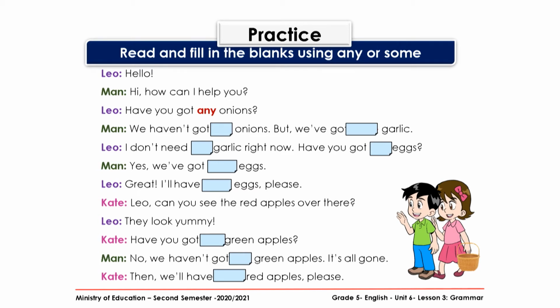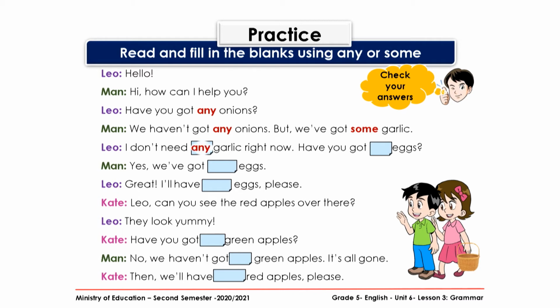Well done. Now let's check your answers. First one, we haven't got any onions, but we've got some garlic. I don't need any garlic right now. Have you got any eggs?